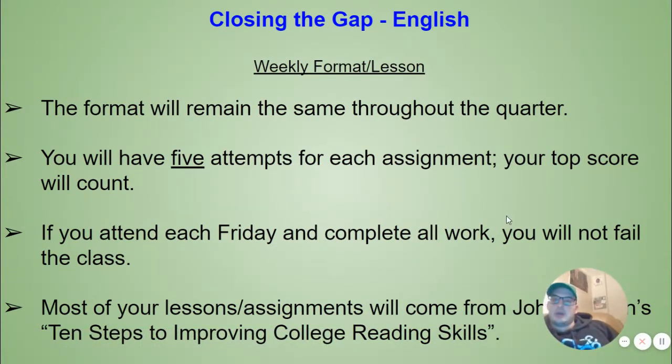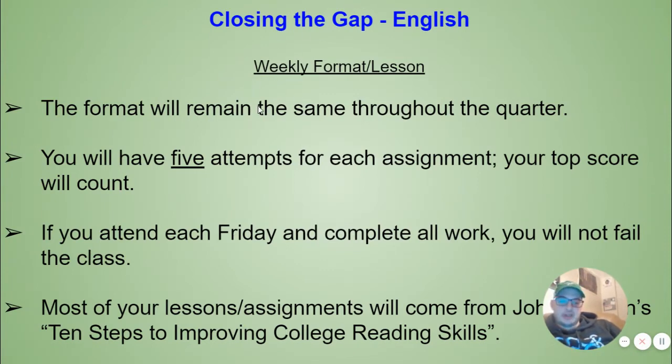All right. So the format will remain the same every Friday throughout the quarter. You'll probably get an assignment on Schoology, and I'll give you multiple attempts for each assignment, probably 5 attempts, so your top score will count. If you attend each class every Friday and complete all the work, you will not fail the class. Just impossible.